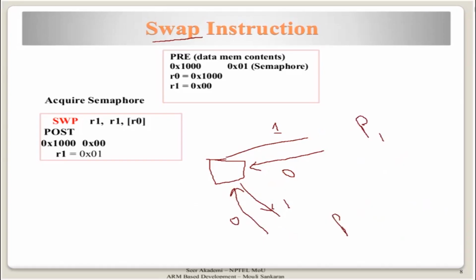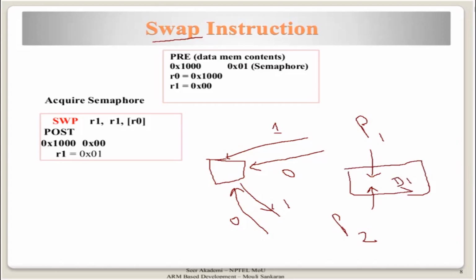So now two processors assume that the semaphore is free, and there will be confusion or chaos while they enter the database, okay.